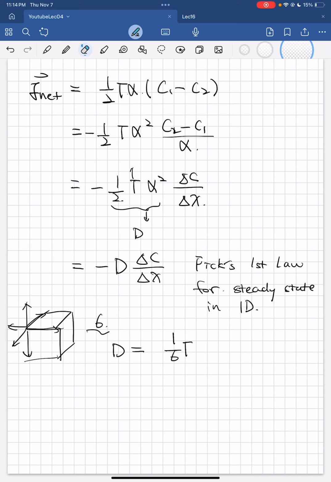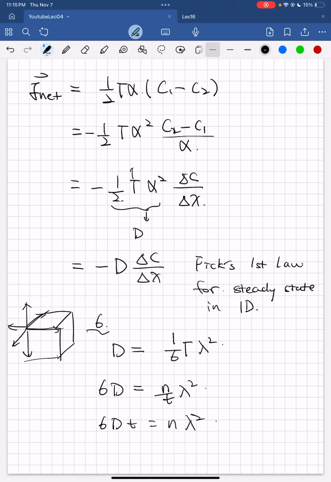We can call alpha lambda. Then 6D equals N over T lambda squared. Then 6Dt equals N lambda squared. Now this is the famous Einstein's formula, I think, for random walk.